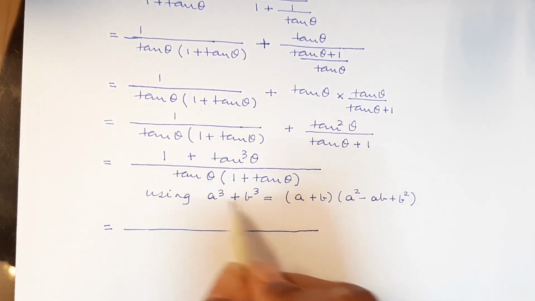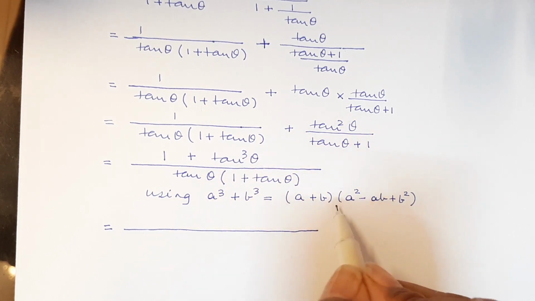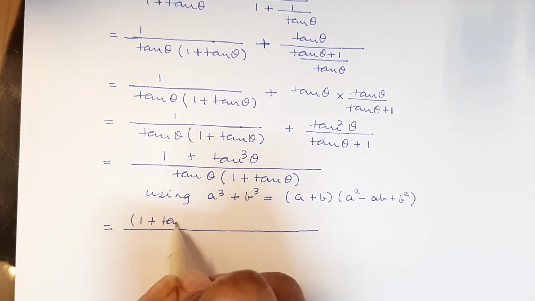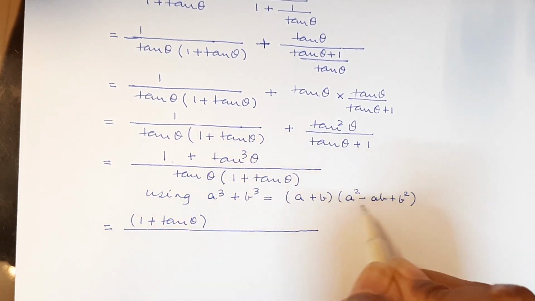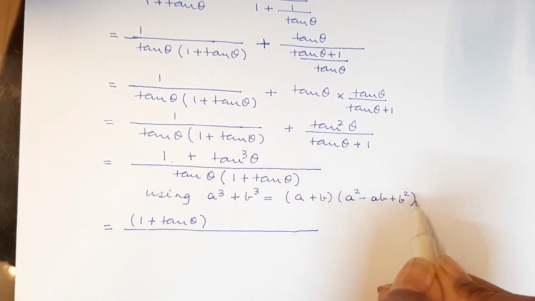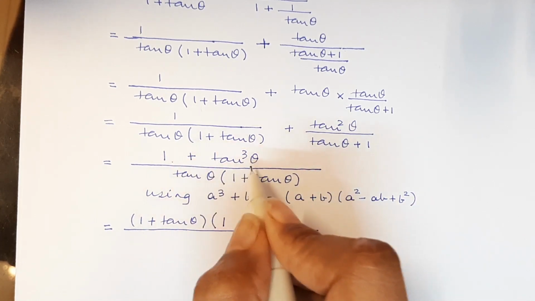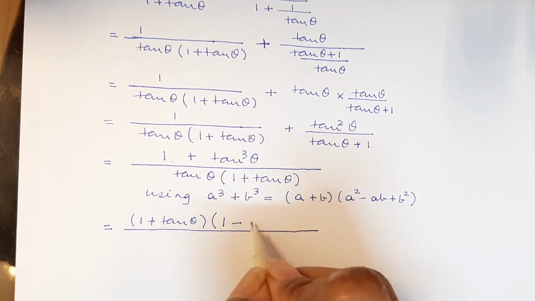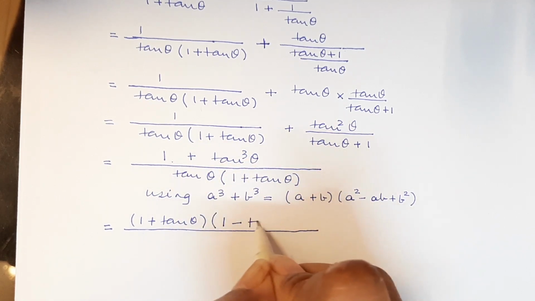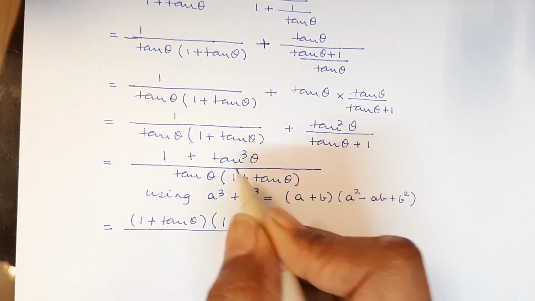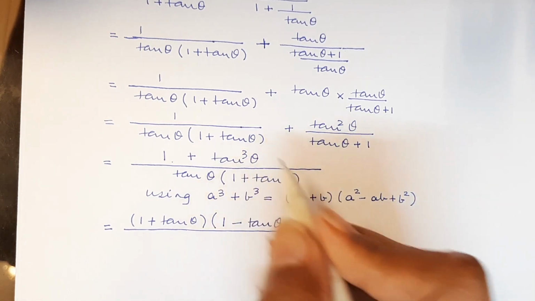Now, using this, we will have a plus b means 1 plus tan theta, and a square minus ab plus b square will mean a square means 1 square minus ab means minus 1 into tan theta, which is tan theta, plus b square means tan square.